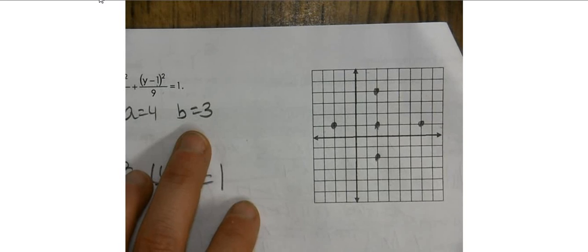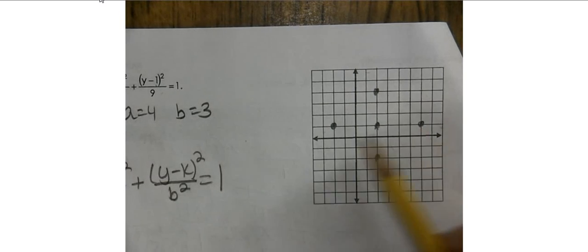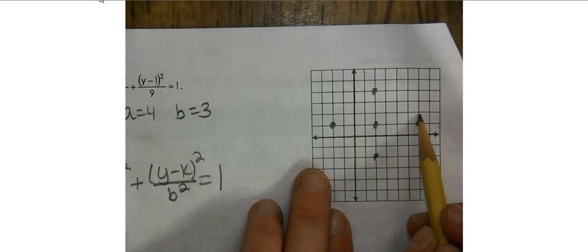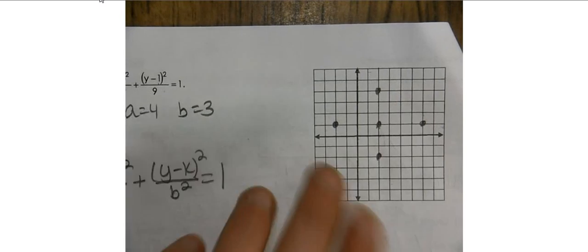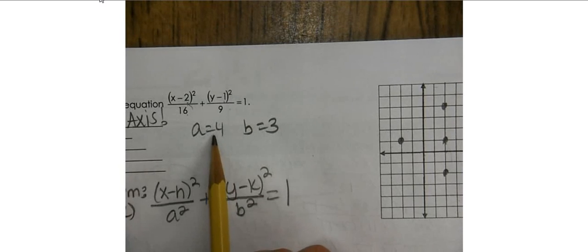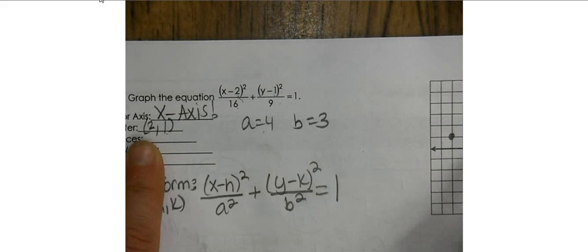And I now need to identify what the ordered pairs are that I just plotted. So you can do it the old-fashioned way, where you count and you go, okay, I went over 2 and up 1, etc. Or you can do it mathematically. So I know that with a, I went to the left and to the right 4 units.